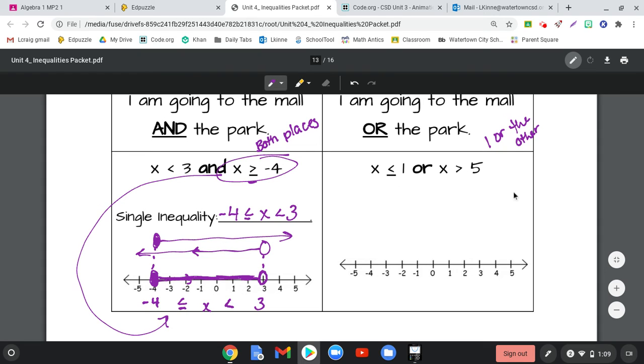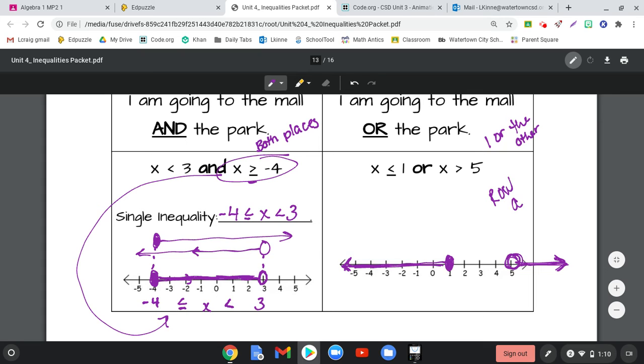If it's or, it's a little different. X can be less than or equal to 1. Or, so any of those would work, or x can be greater than 5. All right, and the nice thing about or, think about rowing a boat.